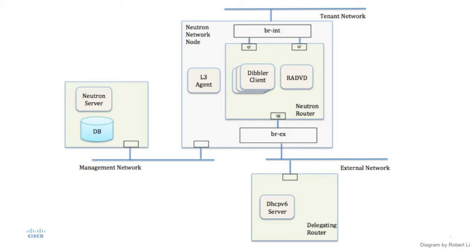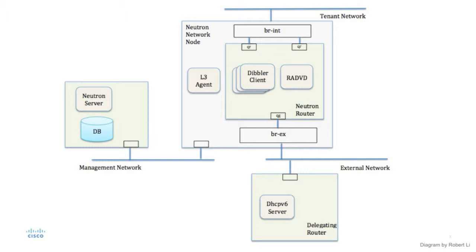Now, Dibbler is an open source DHCP v6 client server package. And we're using the client for the reference implementation of the DHCP v6 driver in Neutron. It's been built with a pluggable architecture, thanks to Sam Betts at Cisco. So if someone wants to come along and implement a new driver for a different DHCP v6 client, that can be done.